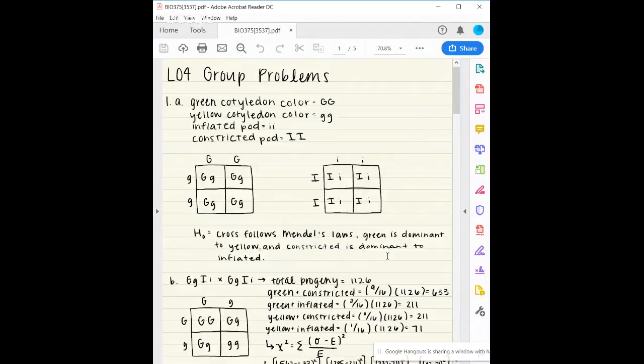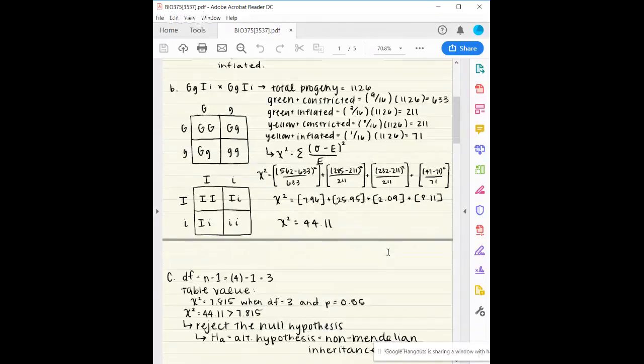So as we calculate the inheritance, we did a cross here, and we found the likelihood of getting, for example, green constricted: 3/4 times 3/4, which equals 9/16.